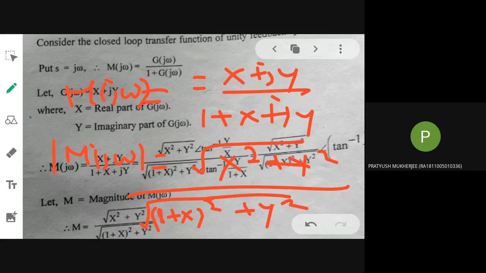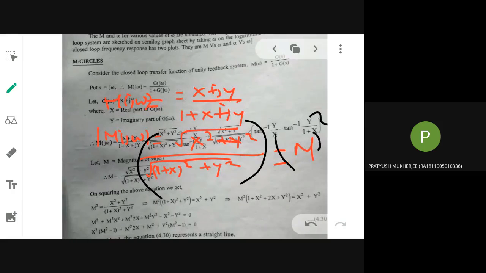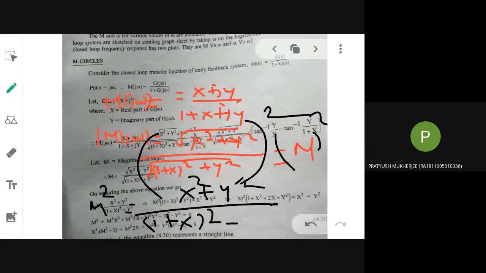Now you are going to simplify this by squaring on both sides. This is representing the magnitude in simple form. If I square both sides, M squared will be equivalent to x squared plus y squared divided by the quantity 1 plus x whole squared plus y squared.